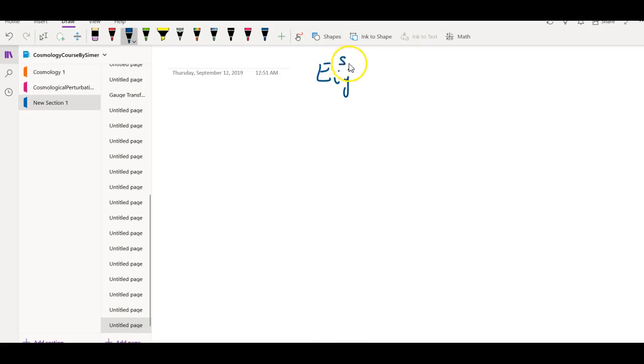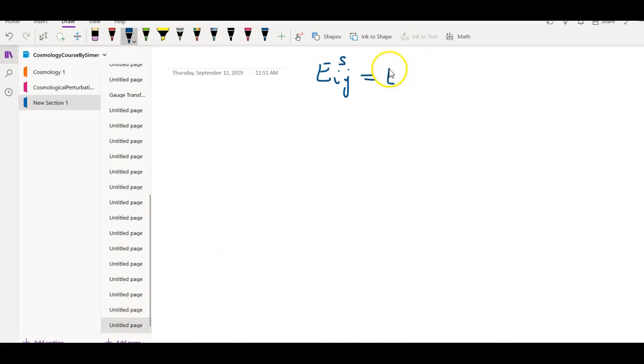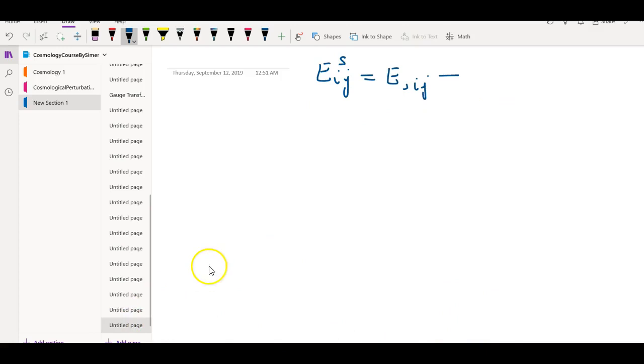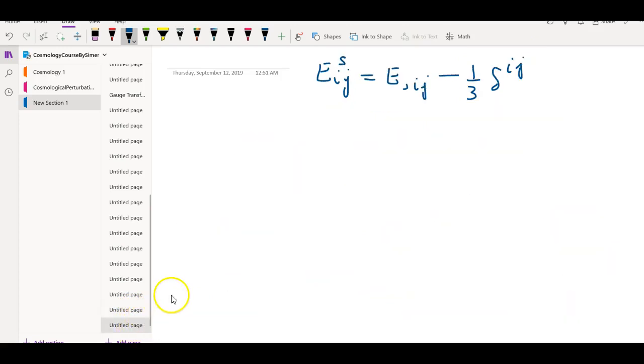So I have constructed Eij scalar to be equal to Eij minus trace, which is this trace by 3, trace by 3, trace by 3. Here it should be 3 minus 1 by 3 delta Ij delta KL EKL.